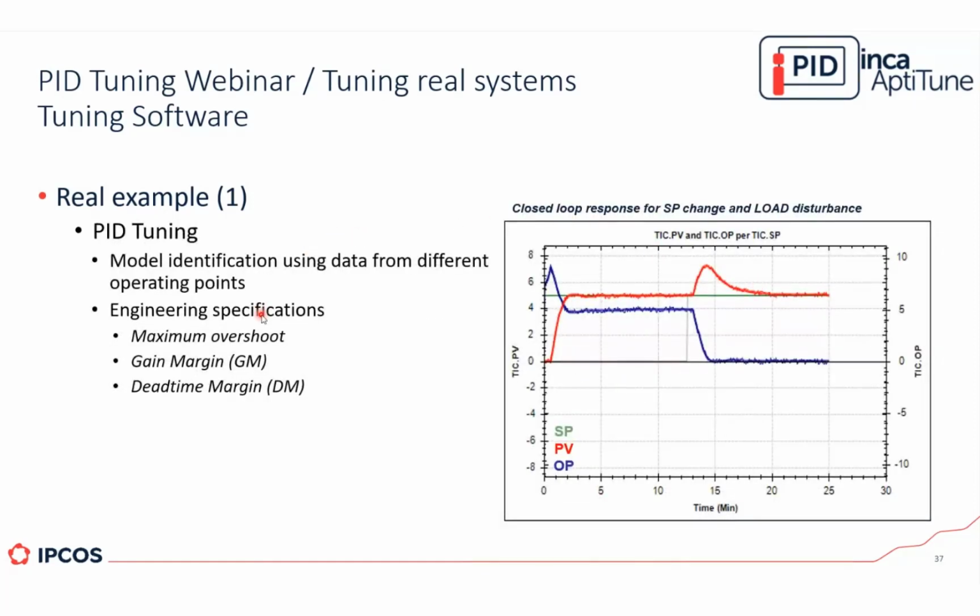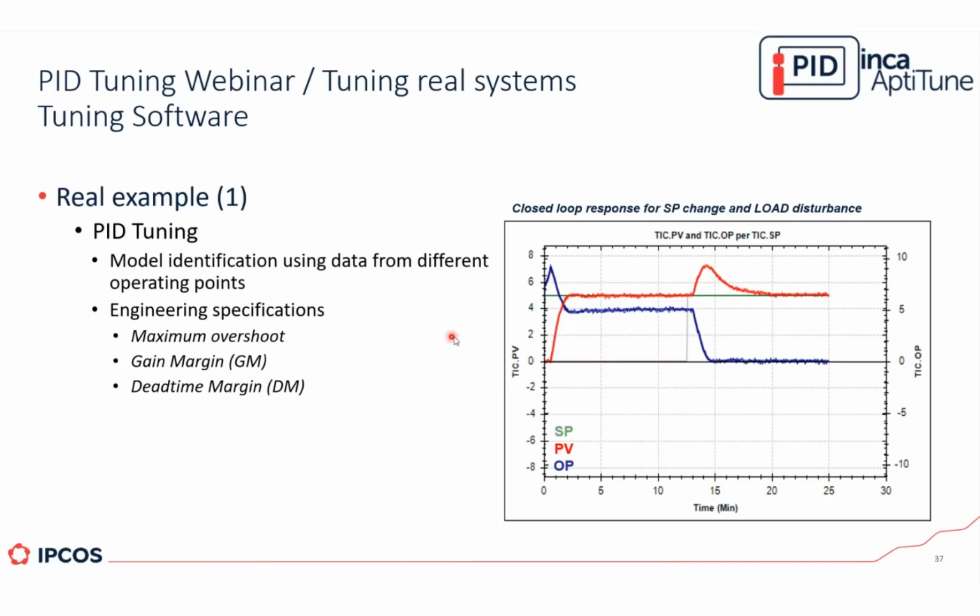And when we are using PID Tune to tune this loop, what I did in this example was use different data from different points, right? In the tool, we can select slices or remove bad data and do all this model preparation, right? And once we found the model, I selected a maximum overshoot as an engineering specification.